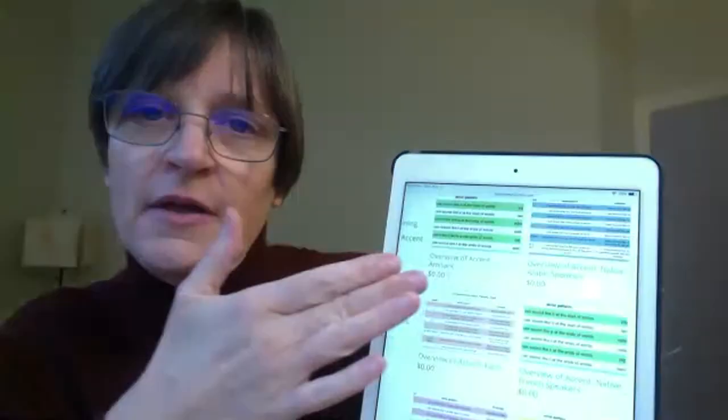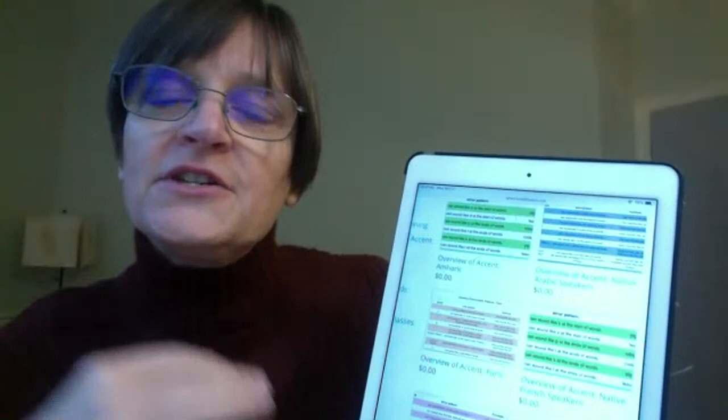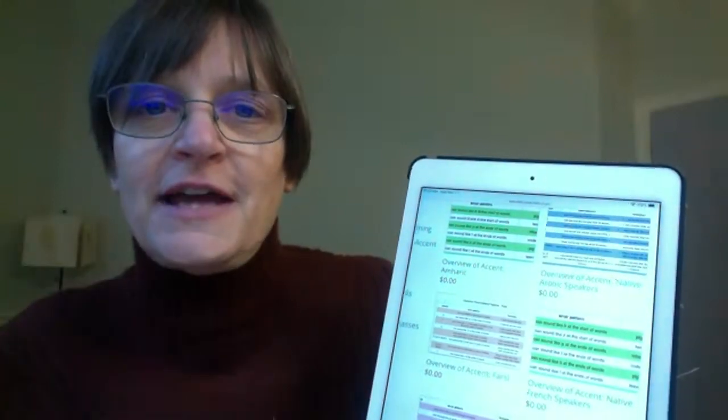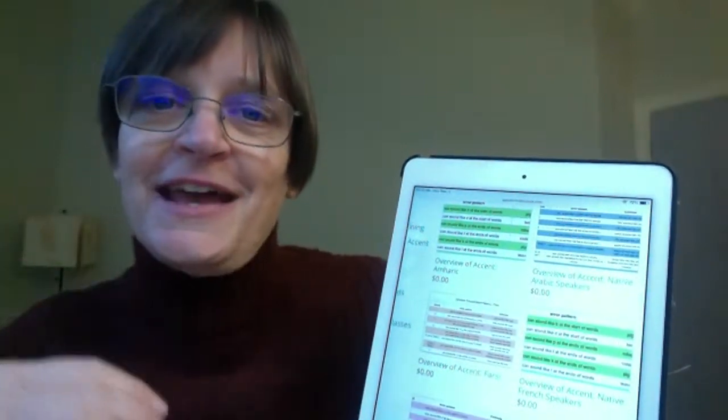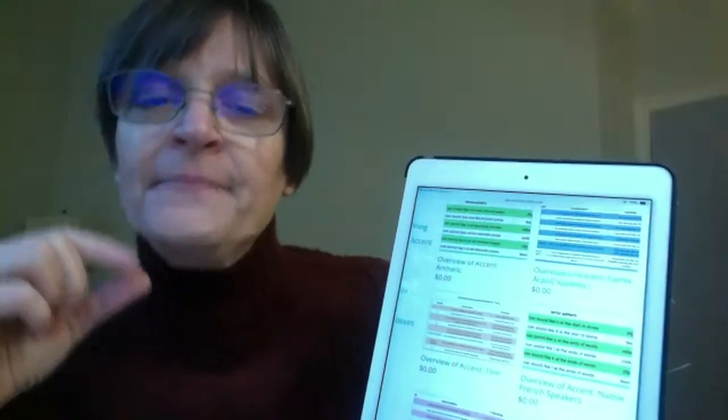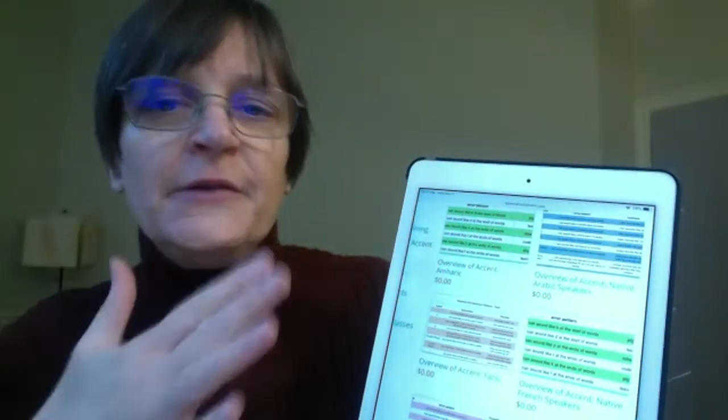And so if you speak Arabic or Russian, Chinese, Spanish, you can find your language. You can download the accent patterns, and it'll tell you these are the patterns you're likely to have. So you may have a tendency to say one vowel instead of another, or E instead of I, etc. They're very useful, and I highly recommend checking those out.